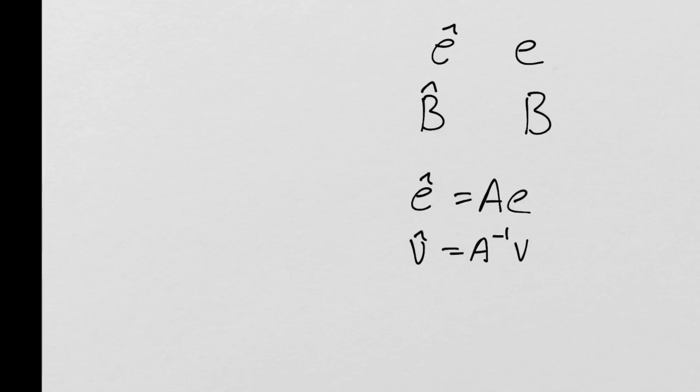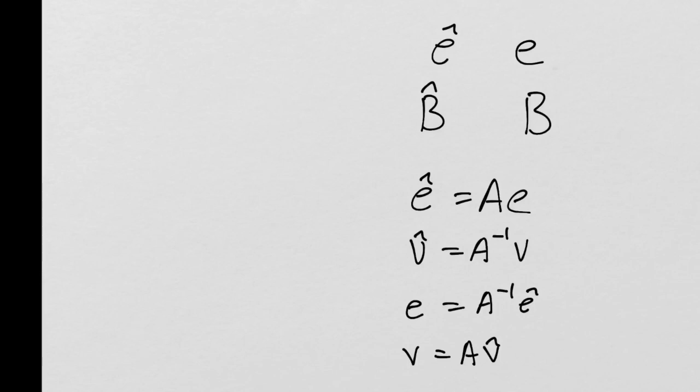But notice also what we have is E equals A inverse E hat, and V equals A V hat, where now we're running the whole logic backwards, where this is the starting basis, this is the transformation matrix that gets us to the new basis, but we're going the other way. So everything's just named differently.